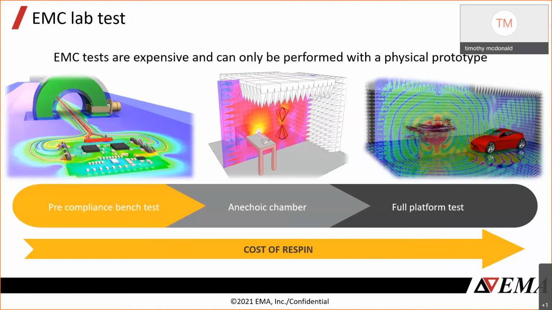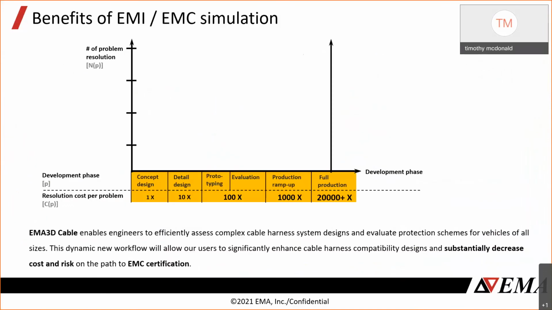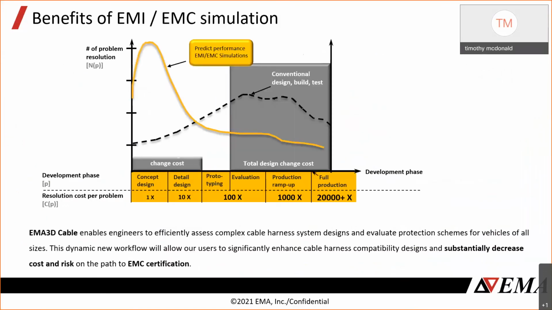But if you have a failure at that point, it is very late in your program life cycle, and it is very expensive to make changes late in your design life cycle. By having simulation that captures all aspects of your EMC design, both the electronic PCBs as well as the enclosure and cables, we can push those design changes, if they need to occur, to a less costly phase of your program. So that's the first answer.